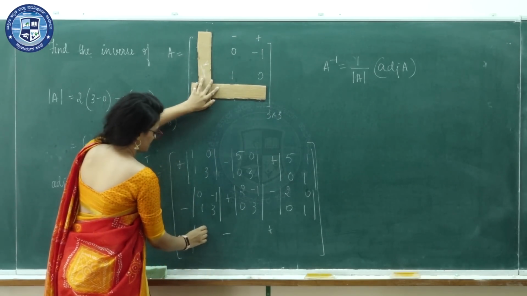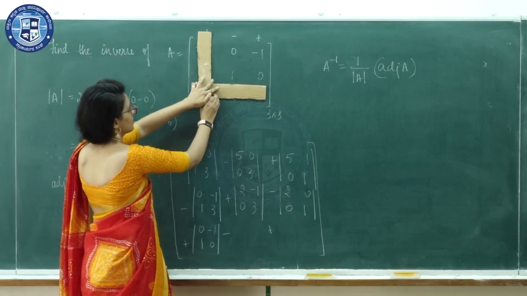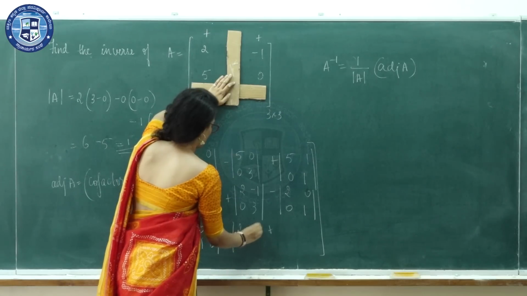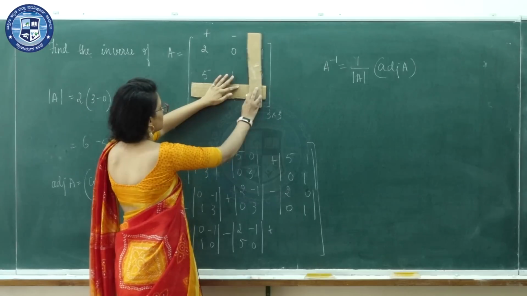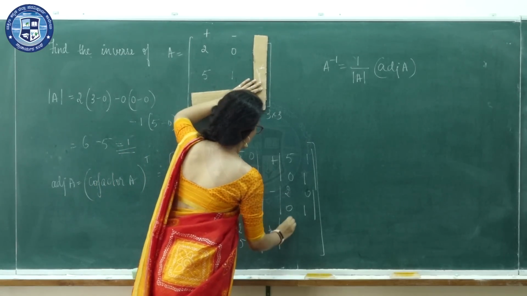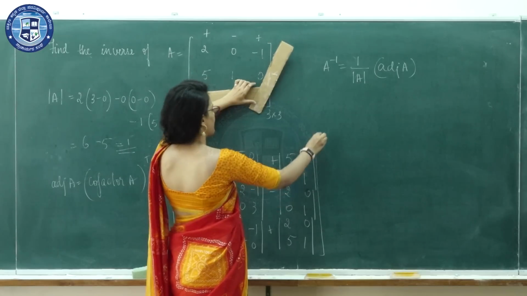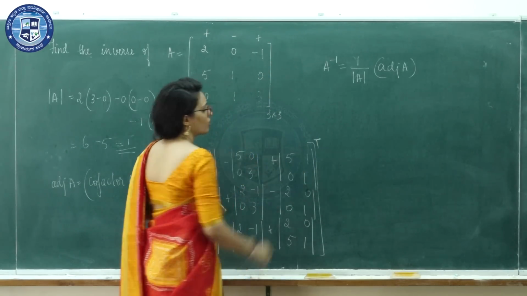We get 0 minus 1 1 0, next term 2 minus 1 5 0, last term 2 0 5 1. Okay. And we are taking the transpose of this, so do not forget to write dash or T.